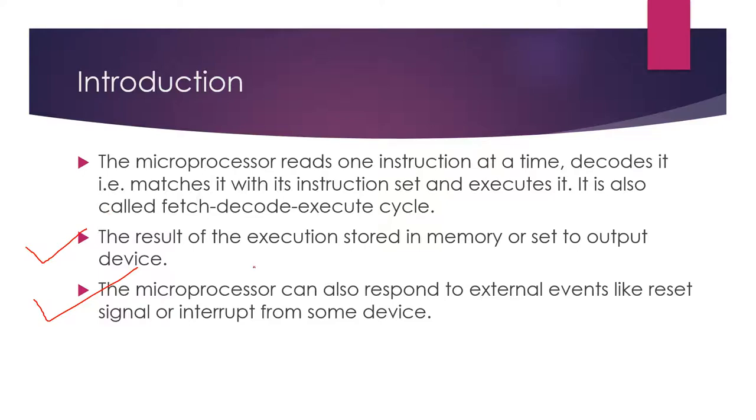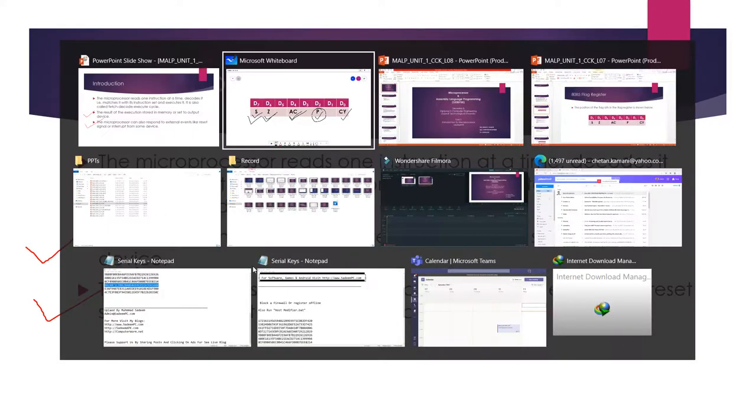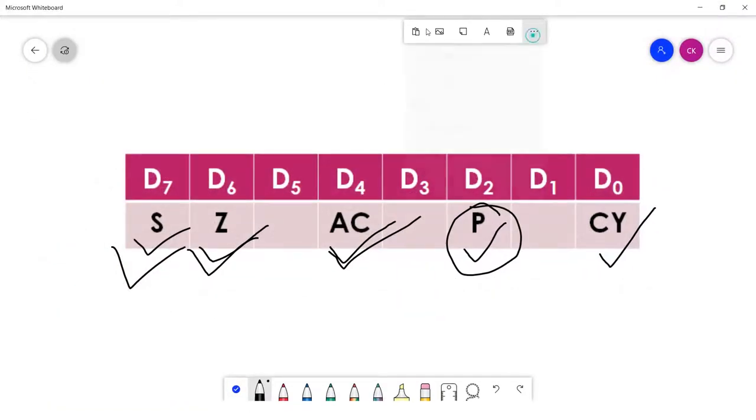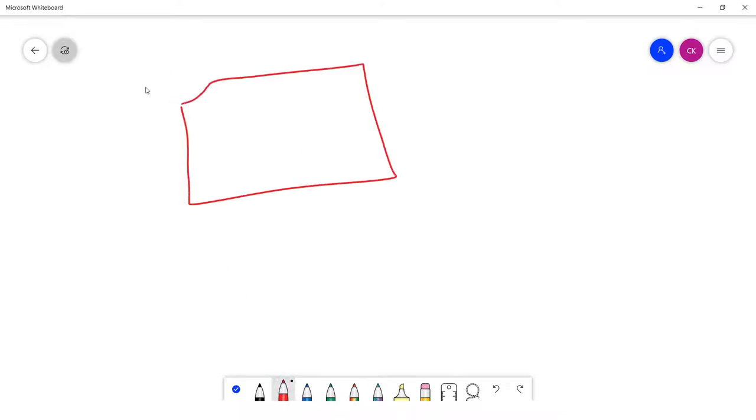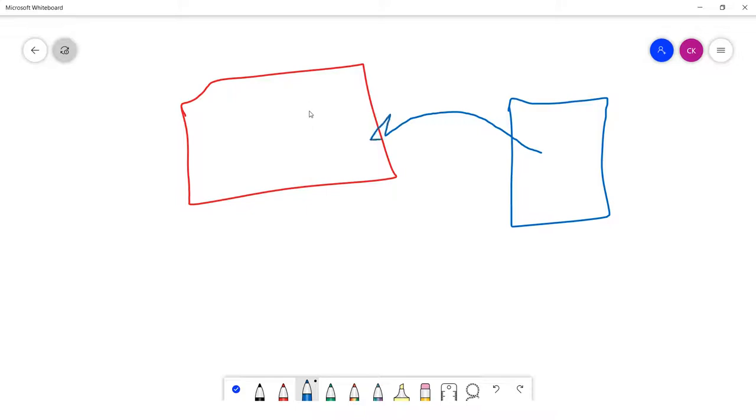Let us say this is our microprocessor and this is our memory and input device. The microprocessor does not know whether any input device is available or not. Then what does this input device have to do? It has to generate a certain interrupt, and that interrupt goes to the microprocessor.